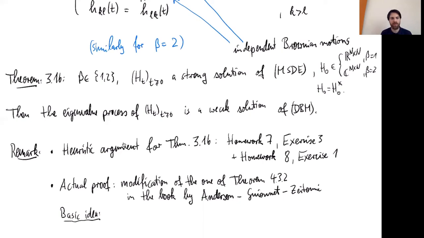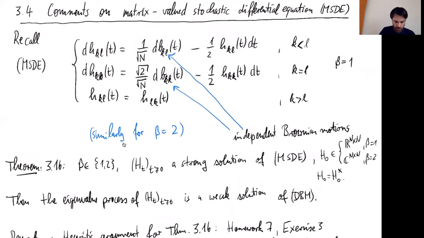And maybe I should say that the basic idea is maybe a bit surprising. You actually go backwards, in the sense that one starts with a solution of the equation for the eigenvalues, and then one constructs a weak solution of this matrix-valued equation, the equation system up here, and the beta equal to 2 case similarly.